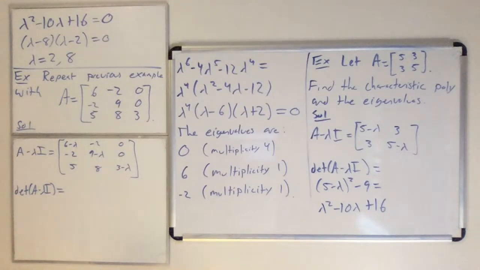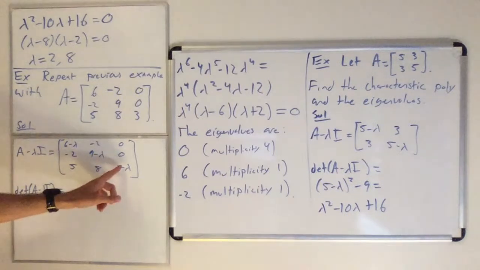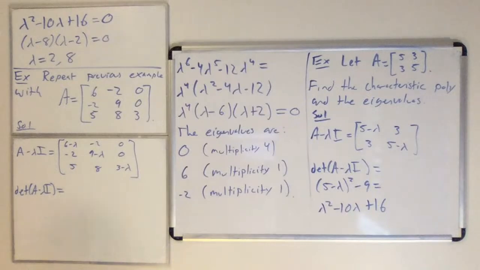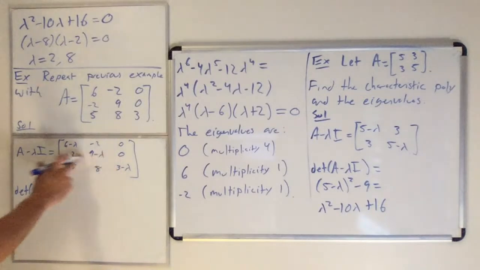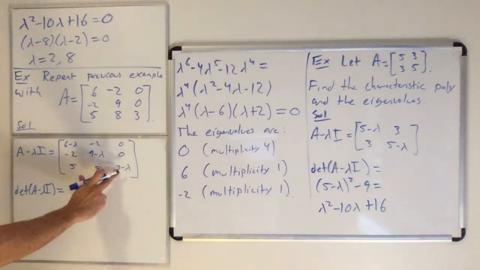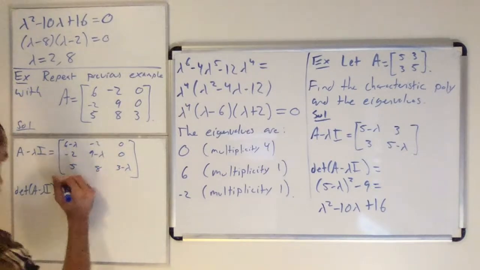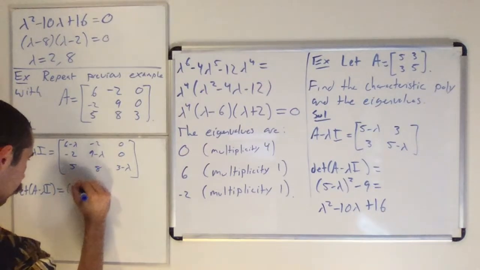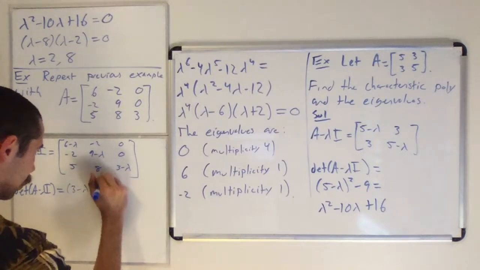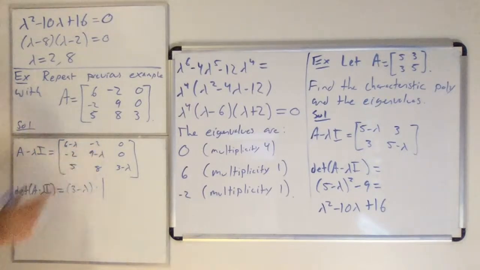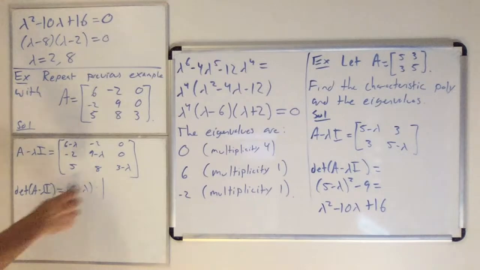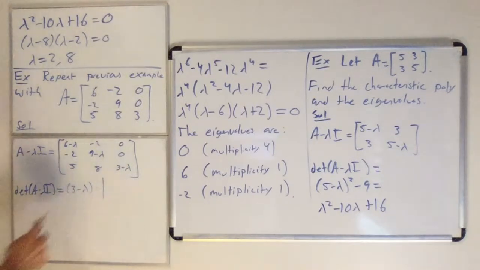Because most of the entries in our third row are 0. Okay, so to do the cofactor expansion, it'd be 3 minus lambda times the determinant of the 2 by 2 matrix you get when you remove the third row and third column.